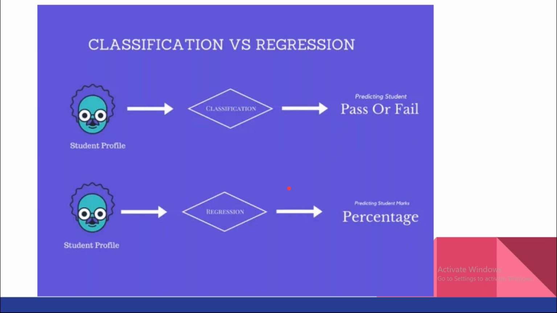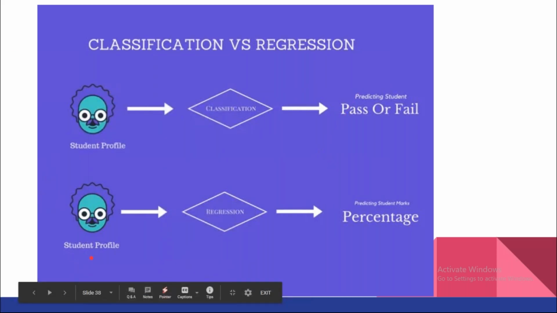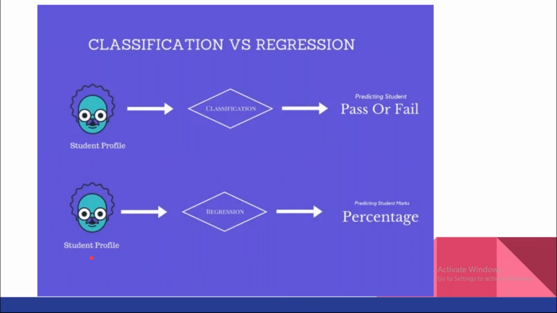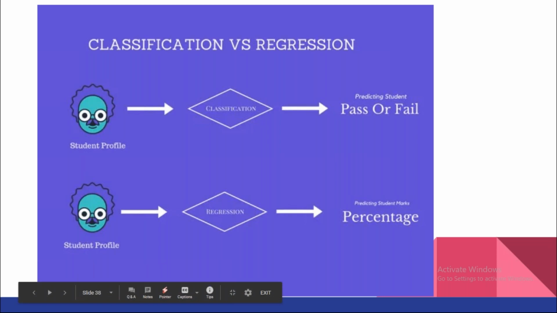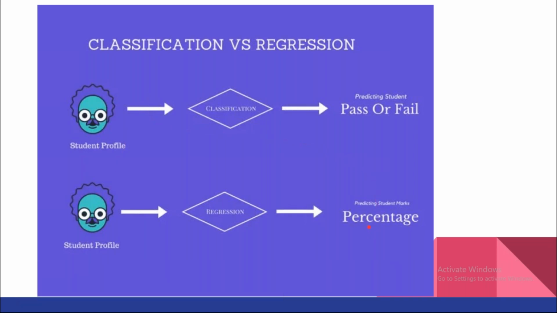In a regression problem, it is going to give me some sort of percentage value based on the student's profile, maybe how that student performed in the different tests, how they are doing in extracurricular activities, and how active they are in class. It will give me a percentage value, which is going to be a continuous value and which is going to vary for all the different students, right?